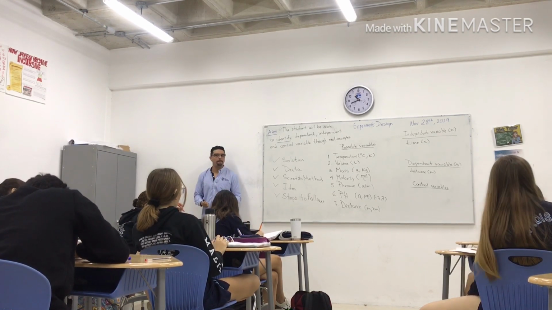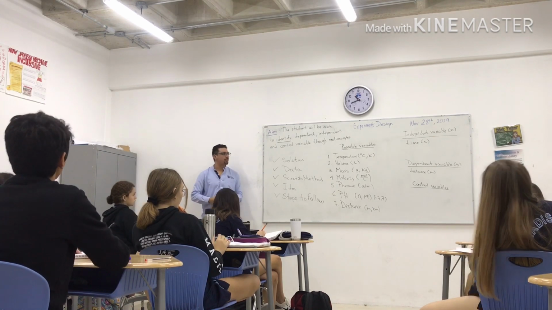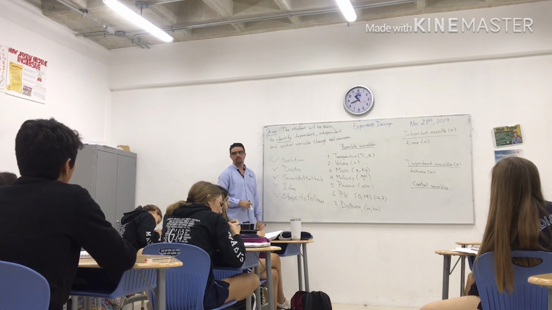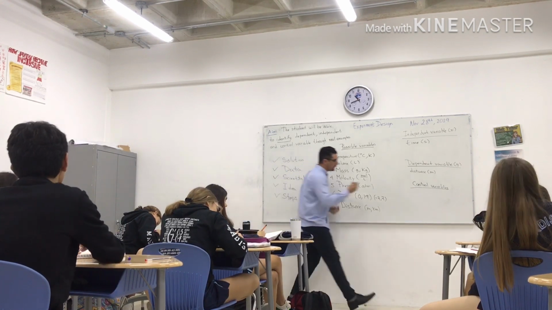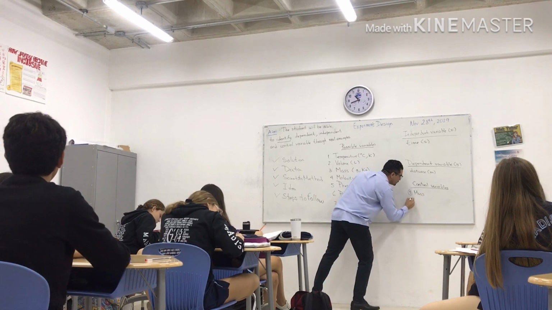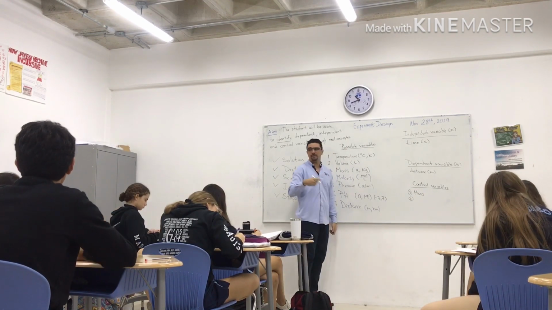And what would be a possible variable that you can control, Mariana, in this process? Force. The mass of the marker. Mass. Yeah, you can change a marker with a different brand.